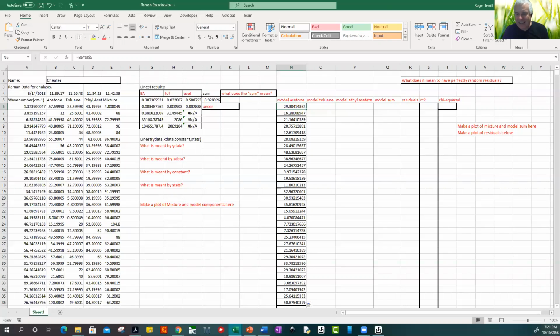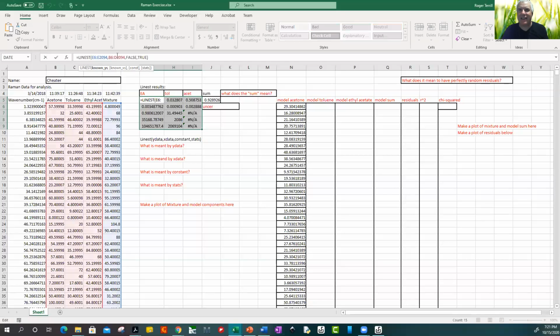All righty, guys. Wait, Dr. Terrell. Yes, Ivy. Kenya was referring to the set of questions right under the LINEST. What is meant by chart X, Y, constant, stats? Are we referring to this example specifically or in general? LINEST X data, Y data, constant, stats. And then make a plot of the mixture and the model components.